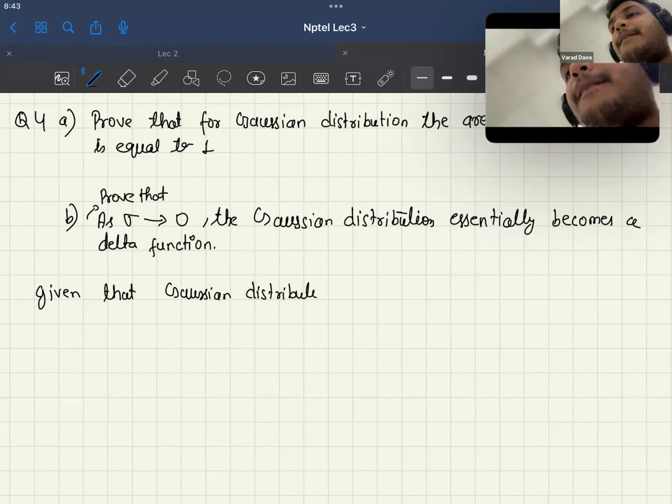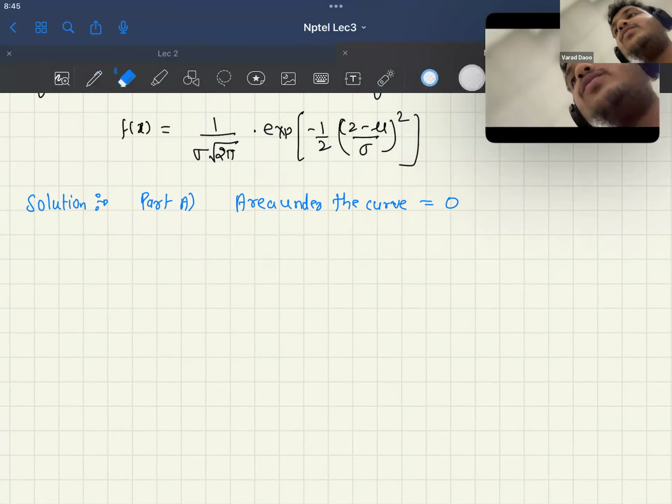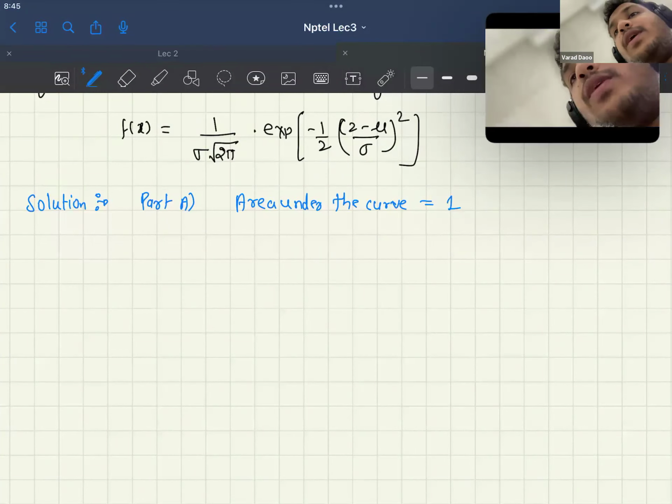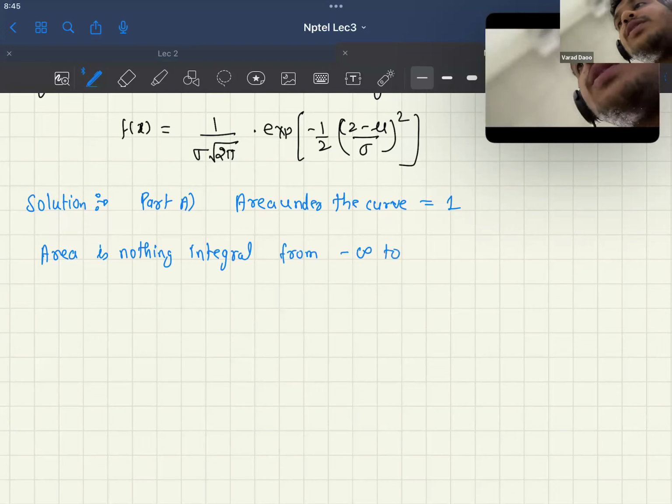Solution, part A: area under the curve equal to 1. Now what is area? Area is nothing but the integral from minus infinity to plus infinity.